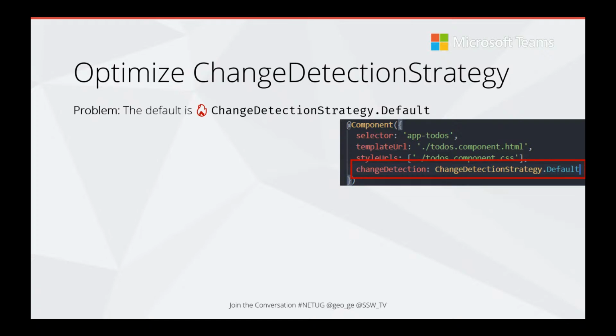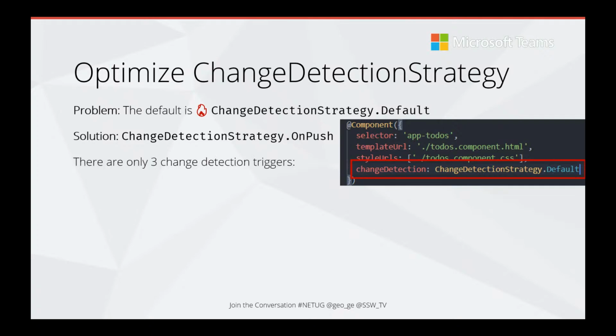If it's there, then it usually falls between default and our solution, OnPush. This solution, OnPush, is actually telling Angular: to do change detection on this component, you can only do it if it fits one of three triggers. The first is if the input value or reference changes. If you pass your input from the parent component to the child component, it needs a reference change for Angular to notice that.